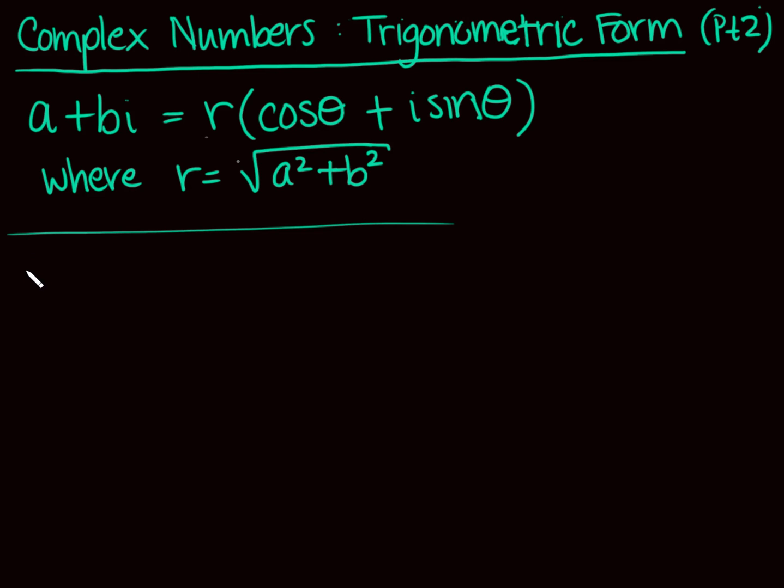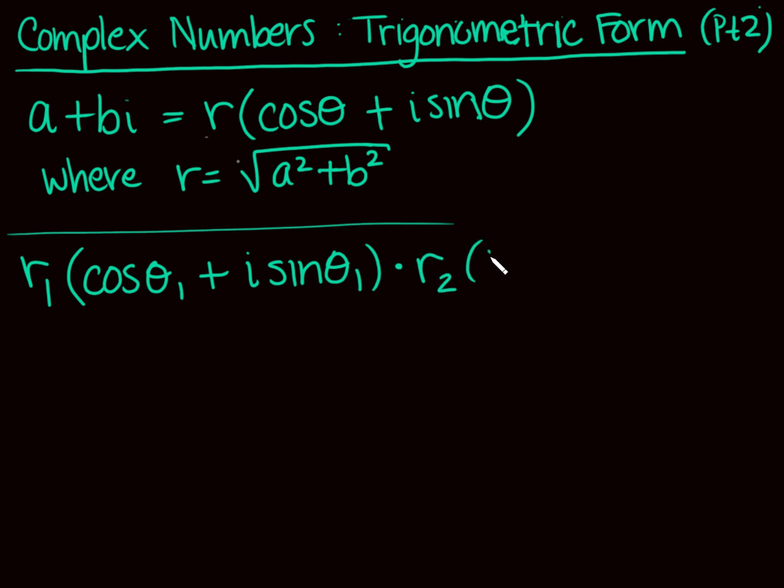These numbers are going to be different. The first number is given by r sub 1, again, that's the absolute value of the first complex number, and then it has some angle that's related to it, and we'll just call that theta sub 1. We want to use the same notation, but I want to be clear that these are 2 different numbers.